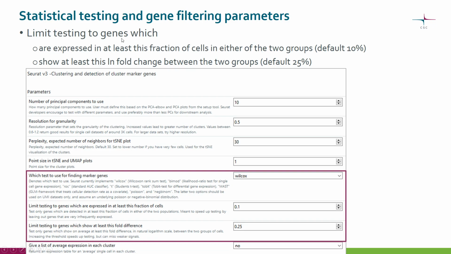So you can limit testing to those genes which are expressed in at least 10% of the cells in the cluster, or all the other cells. Or you can limit the testing to genes which show at least this big fold change between the two groups. And note that the fold change is now in the natural logarithm scale, not in the log2 scale as it usually is in other tools.